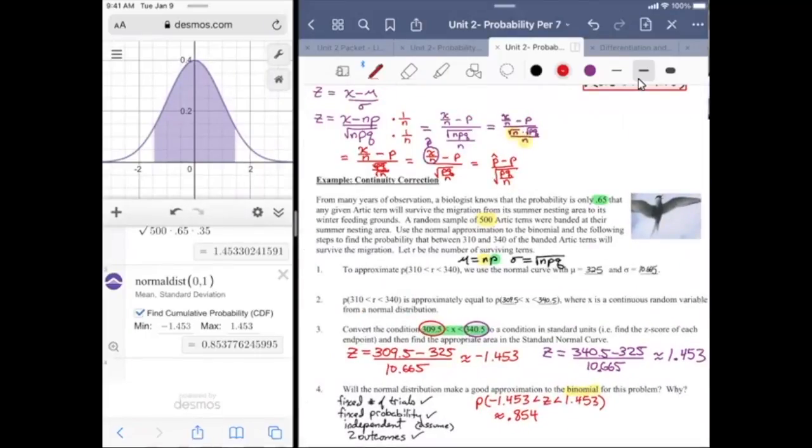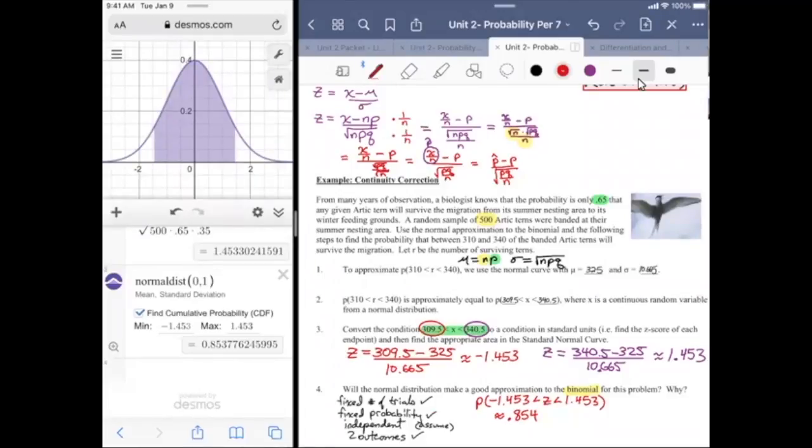Now, again, I don't know anything about Arctic terns. I'm just saying that if I'm looking at this scenario, there's 500 Arctic terns. We know about 65% of them typically survive the migration.